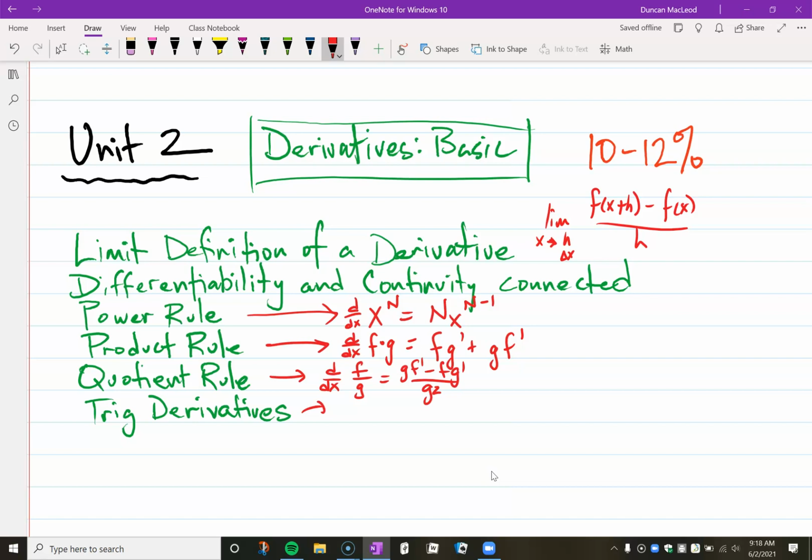If you are in the boat that you're not going to remember all 6 trig derivatives, and I know some of you will be able to, okay? But some of you probably feel overloaded with information by now. At least remember sine, cosine, and tangent, because they're by far the most common ones. So if you're going to pick and choose, pick the most common ones, sine, cosine, tangent.